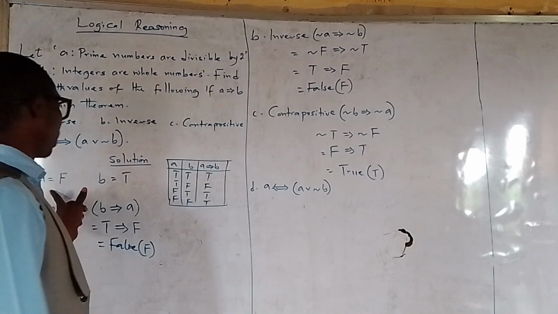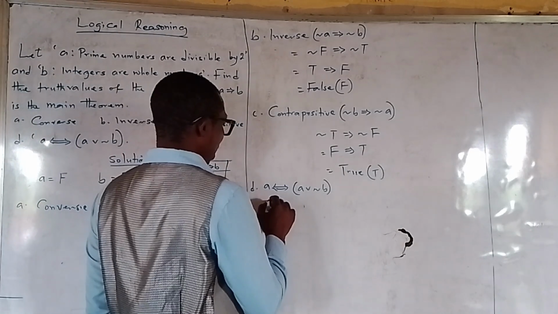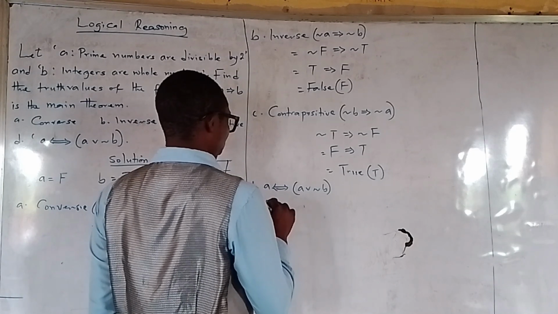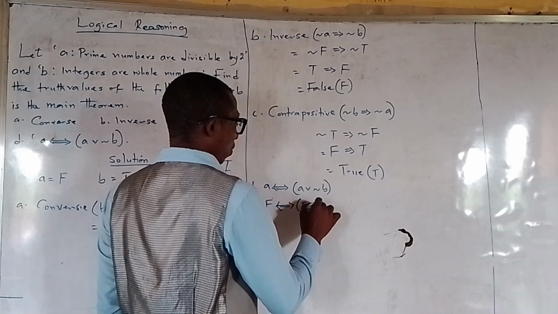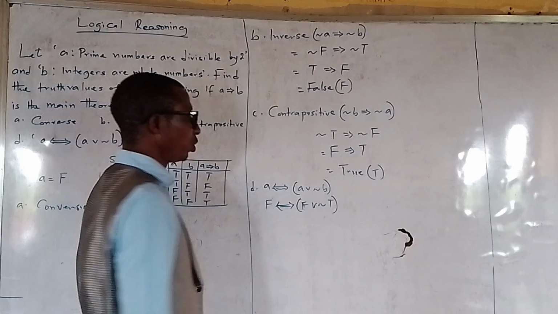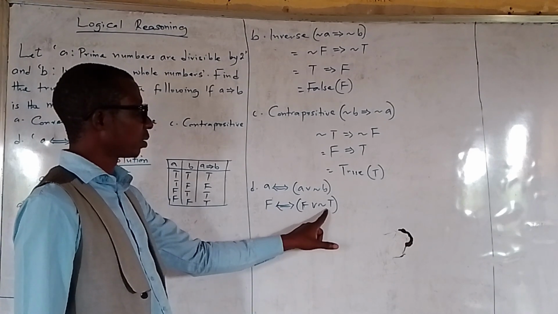Our A is false and B is what? True. So we have A, which is false, biconditional false or negation of true, because B is true. Okay, so now let's settle this.